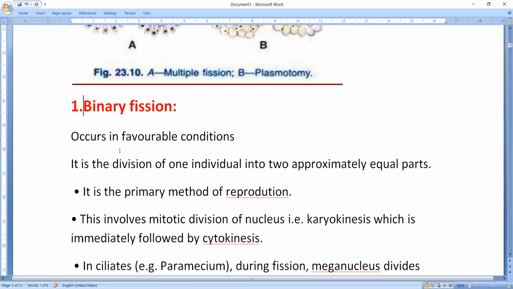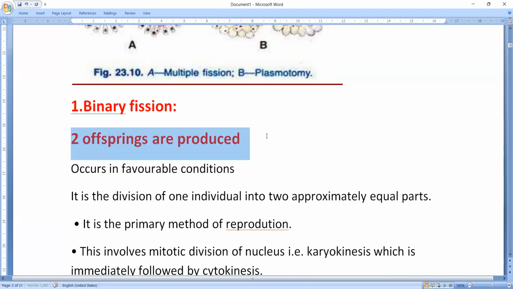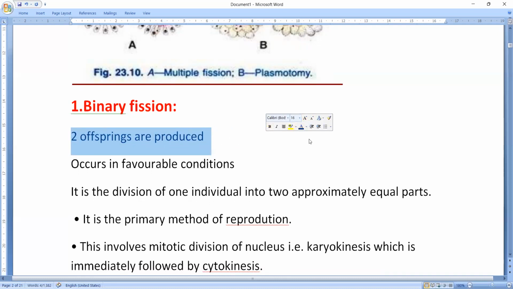Okay. So binary fission, a kind of asexual reproduction, in which two offsprings are produced. That's why the name binary fission is given.